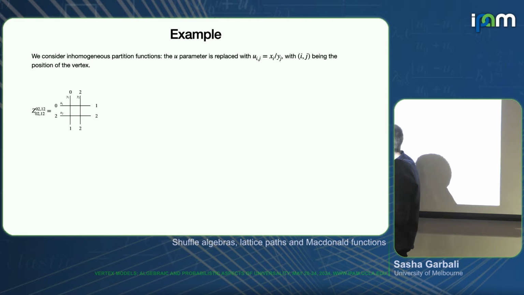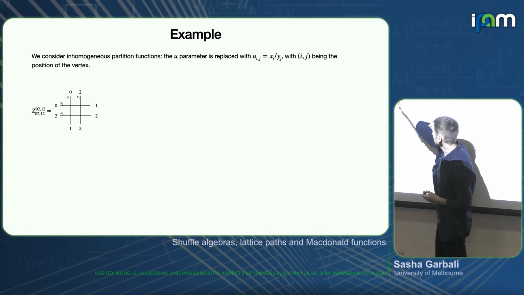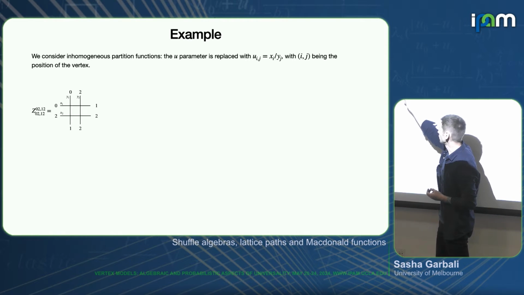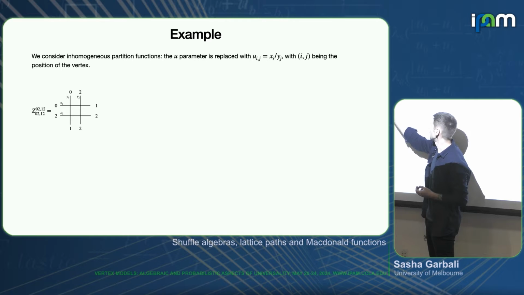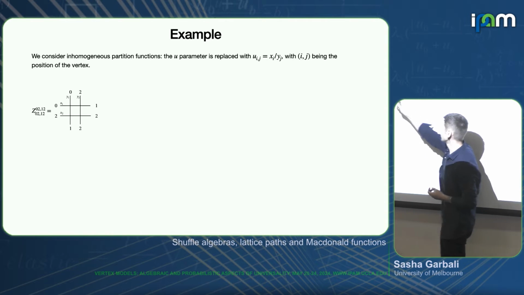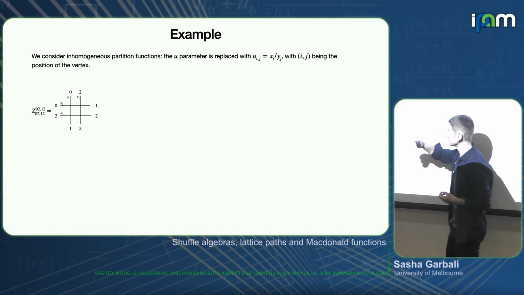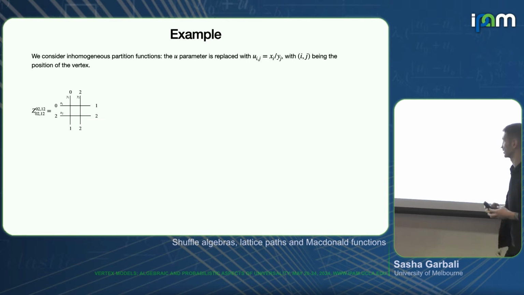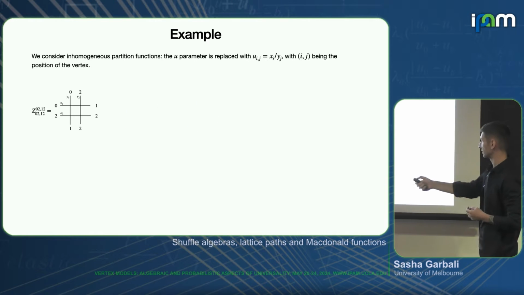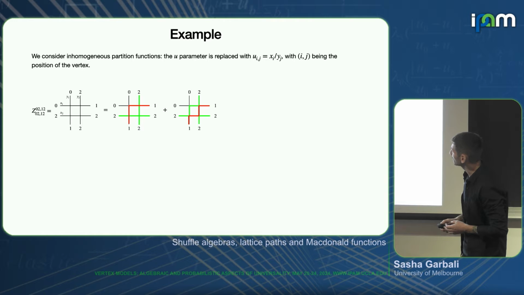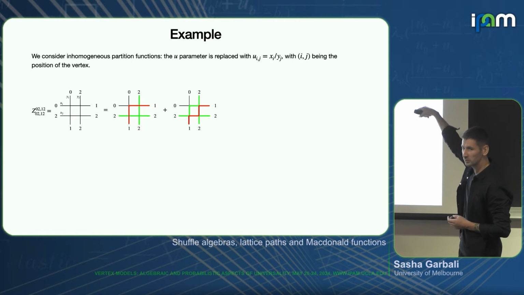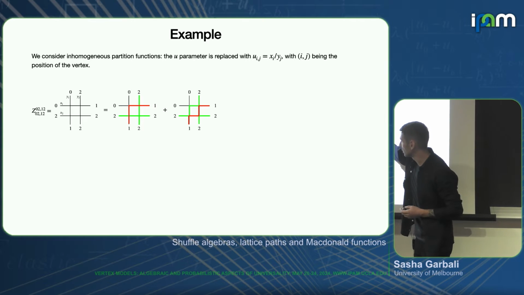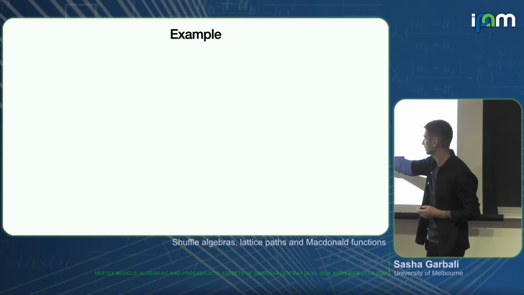For example, in this 2 by 2 case, we will associate spectral parameters with horizontal and vertical lines. The x spectral parameters correspond to the horizontal lines, and the y spectral parameters correspond to the vertical lines. And in this particular case, we have 2 configurations. We can use the Boltzmann weights from the previous slide and calculate individual contributions from these configurations.